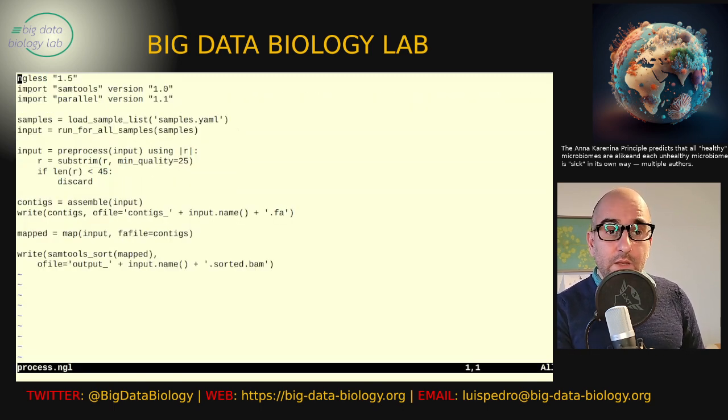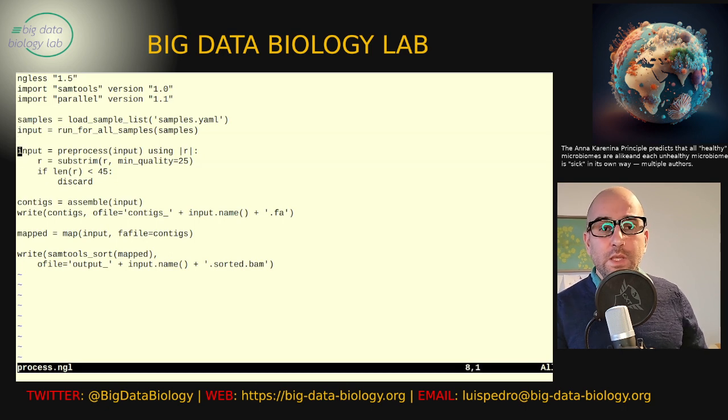Again, we're going to use process.ngl, and this looks almost identical to the one we had before, so we will not go through those details again. But first of all, we are going to import the parallel module, version 1.1. Then we load our sample list, reading this samples.yaml file that I just showed you, and then we run this for all samples.